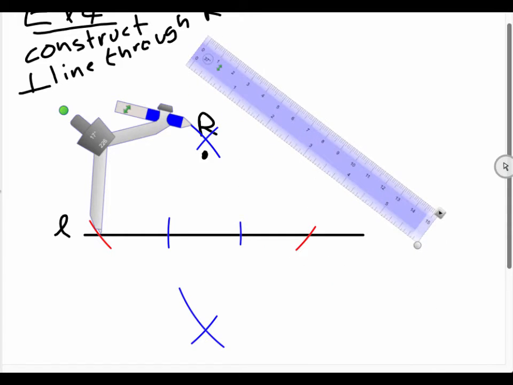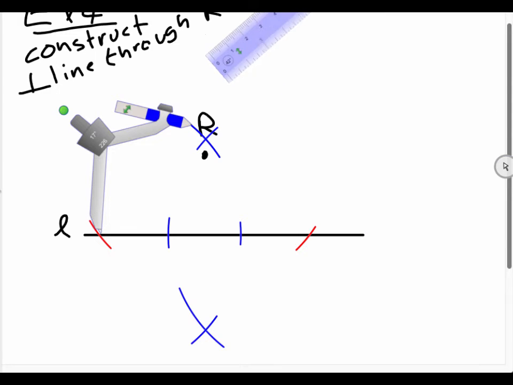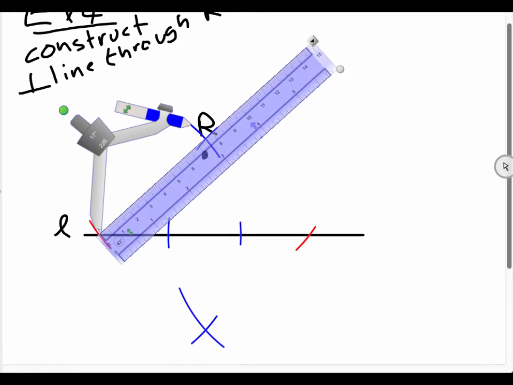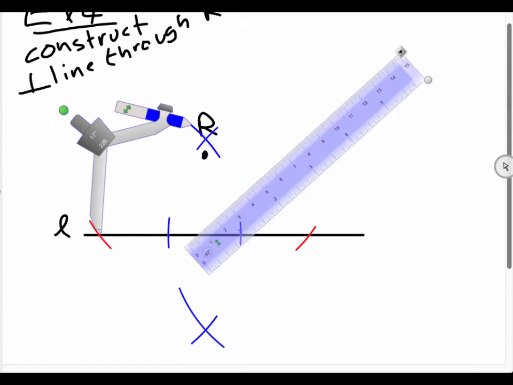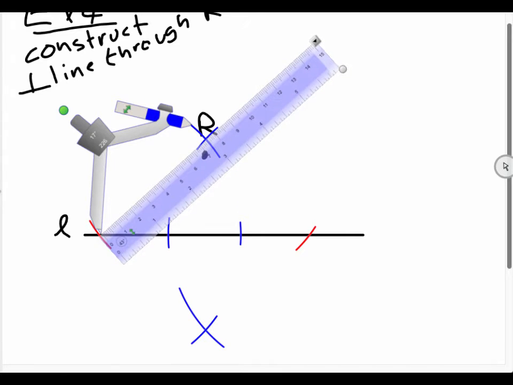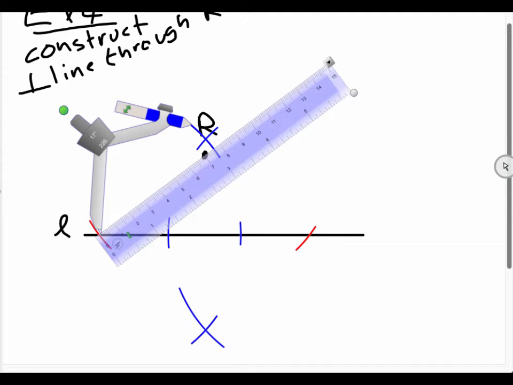The distance from there to here is 7, right? You guys see that? Yeah. So I have constructed equidistant, the red, from R, not from the blue line. So from the red arc to R, it's 7. I gotta have it equidistant.